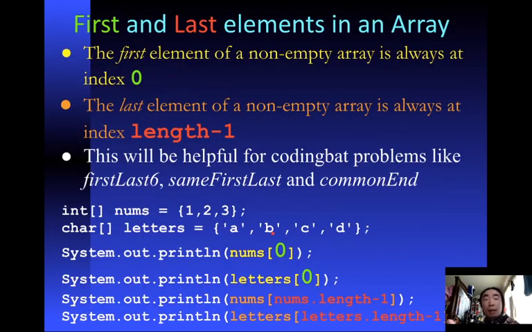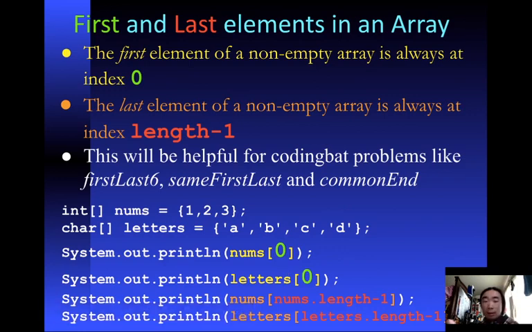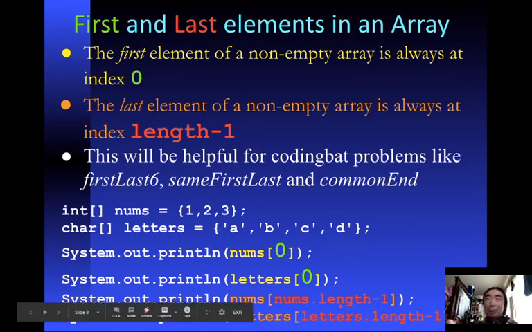We can go over why. So nums 0 says print out the first thing of the nums array, which is 1. Second line, letters square bracket 0, that says print out the first thing of the letters array, which is A. Nums square bracket nums.length minus 1.